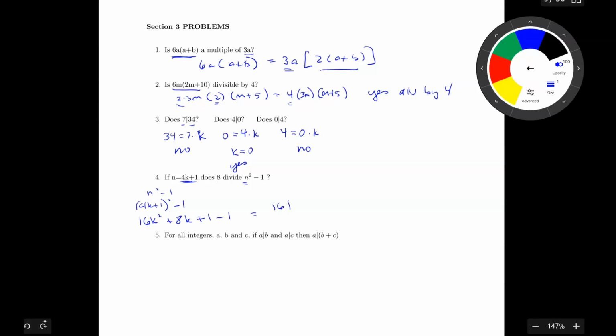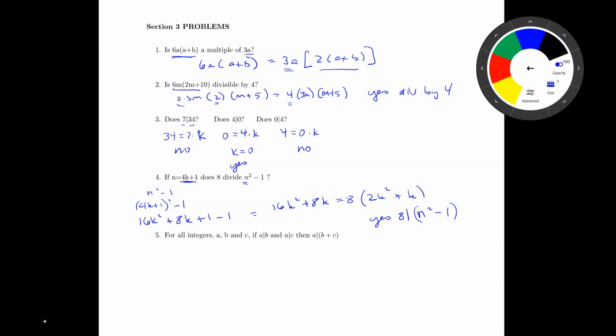So this simplifies to 16k squared plus 8k. Can I say that 8 divides this? I can, because I can factor out an 8. So yes, 8 divides n squared minus 1.